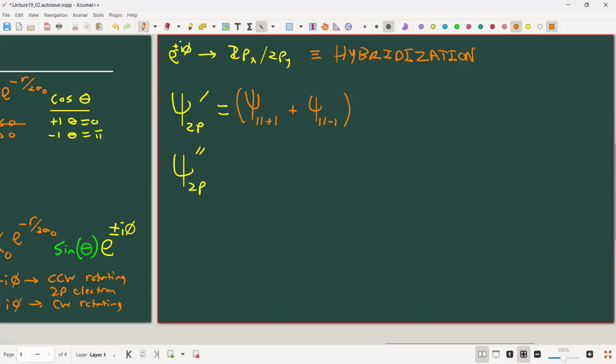All right, so I'm going to add them together and I'm going to divide by the square root of 2 to normalize them. And then I'm going to define another one as the difference of the two, and the 2 states times 1 over the square root of 2.